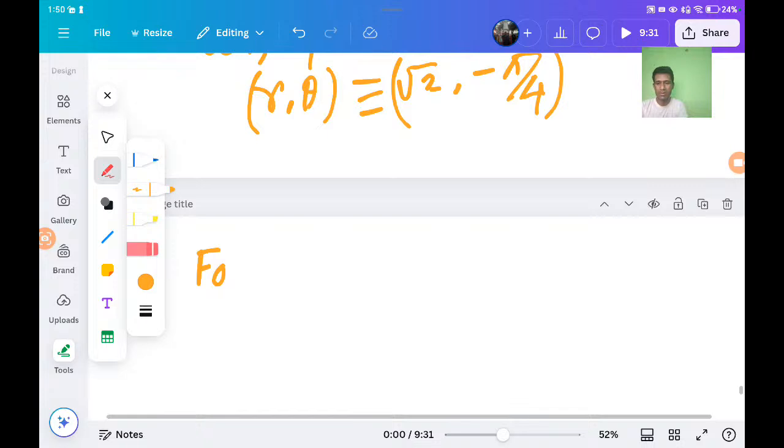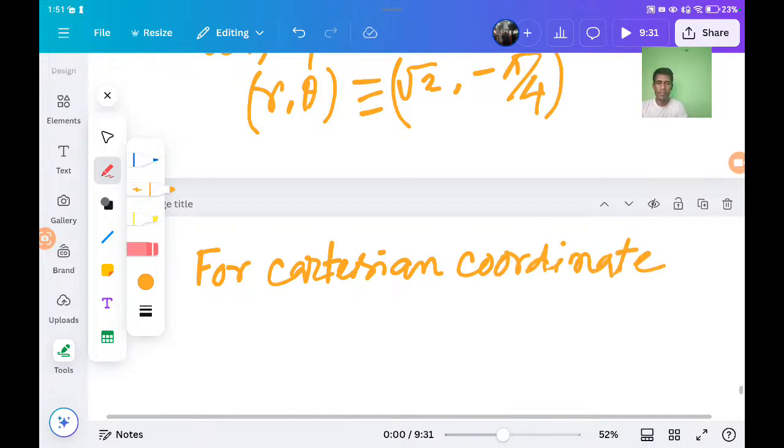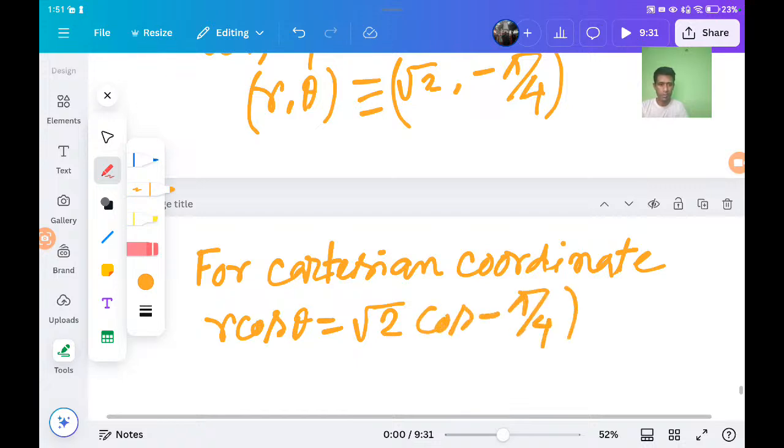So for the Cartesian coordinate, r cos theta equals root 2 cos minus pi by 4.